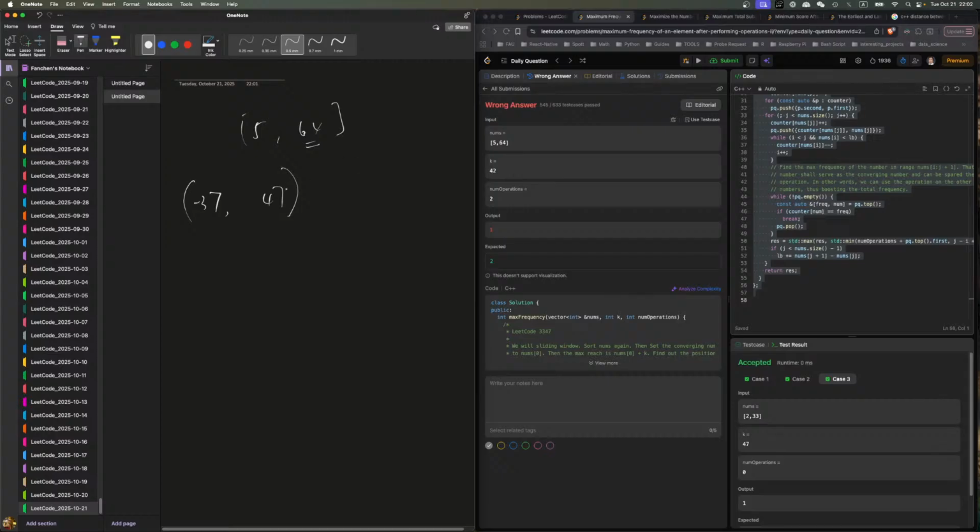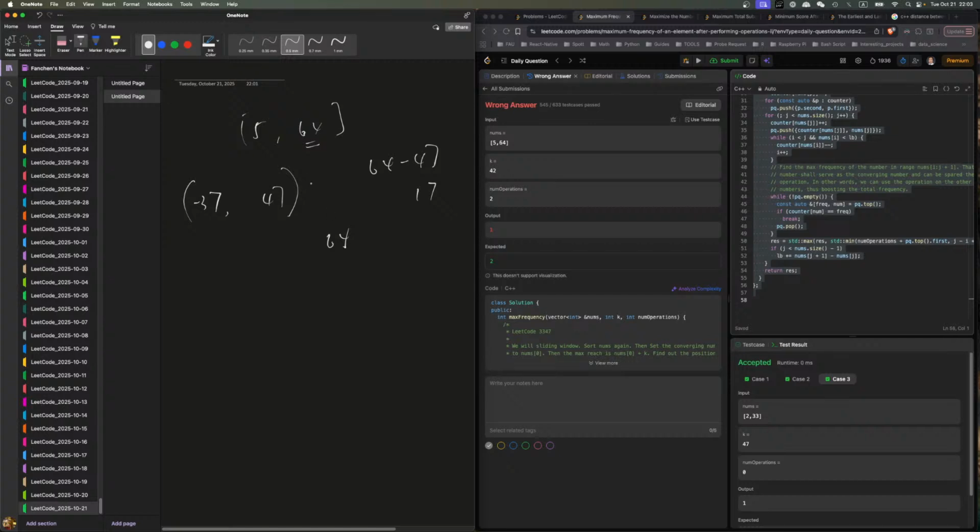Now 47 is the max I can reach if it's this. So now I need to move forward. To reach 64, it's going to take 64 minus 47, which is 17. I move 17, then I get 64 here.